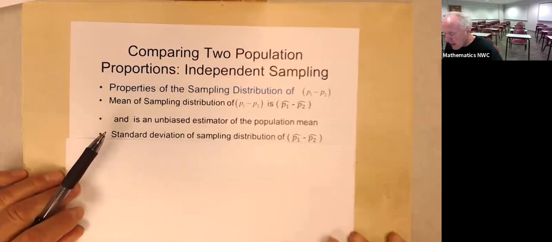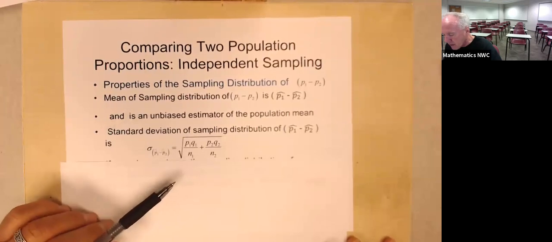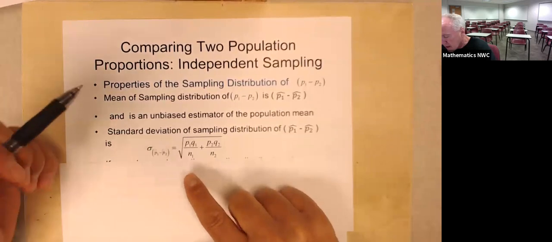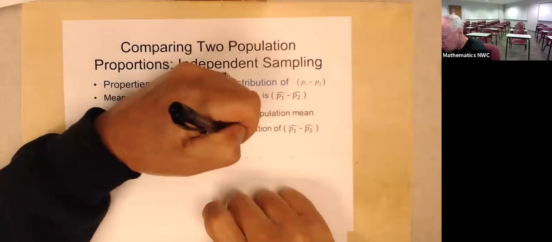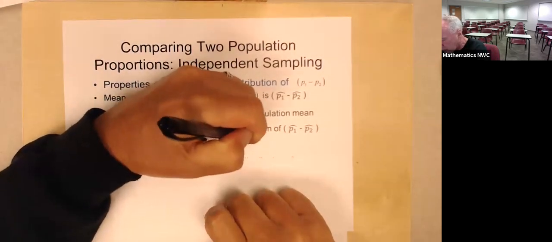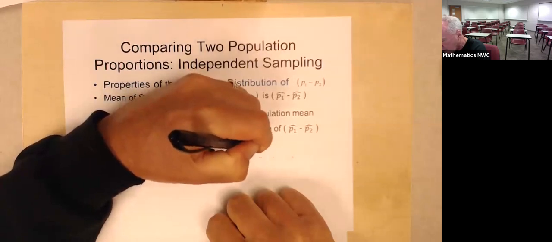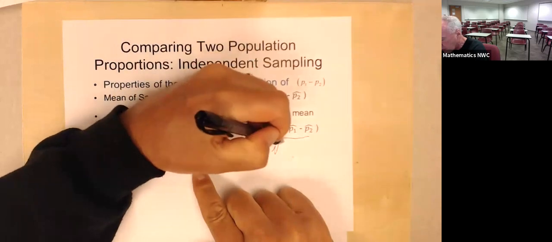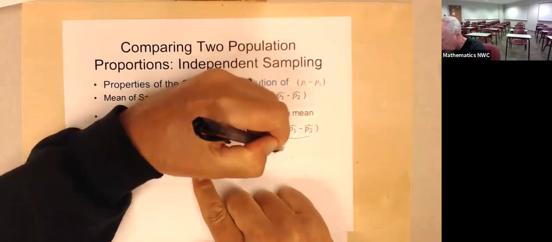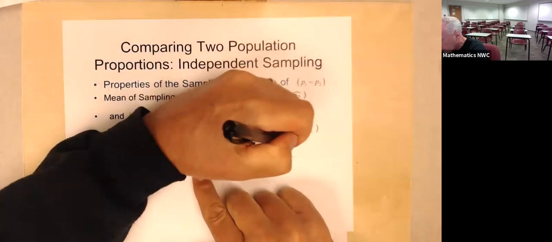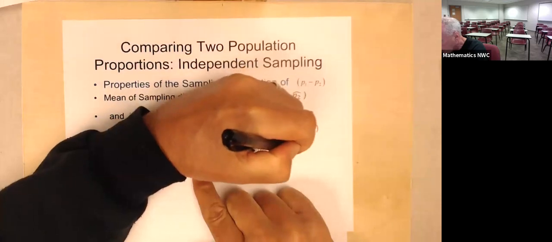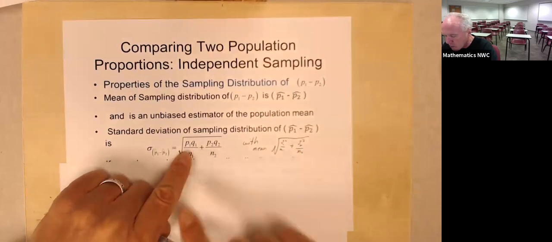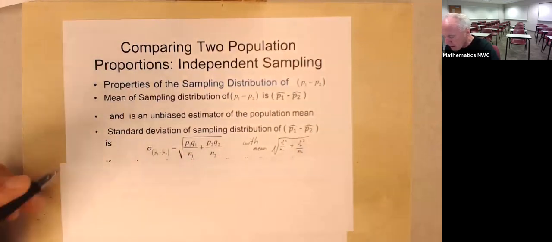The standard deviation of that difference, this looks close to what we had with means. If you remember with means, you don't necessarily need to copy this down yet, but just watch. With means, this adjusted standard deviation, you remember, was S1 squared over N1 plus S2 squared over N2. This one is very similar to that, but it has proportions. Again, don't copy this down right now.